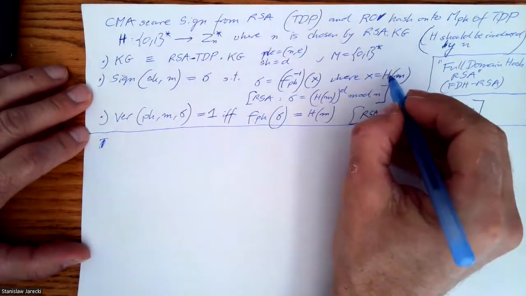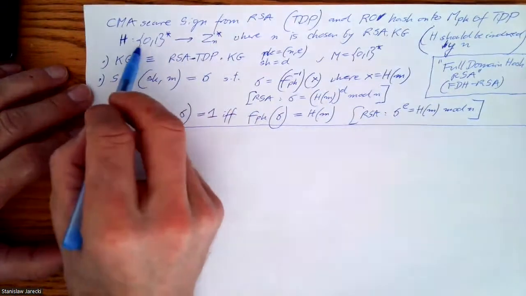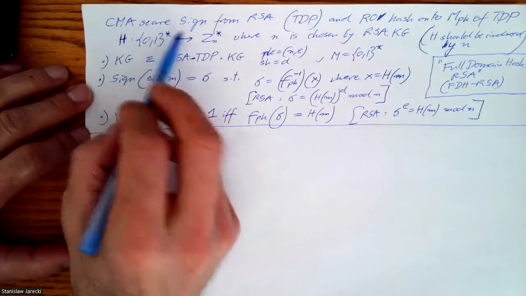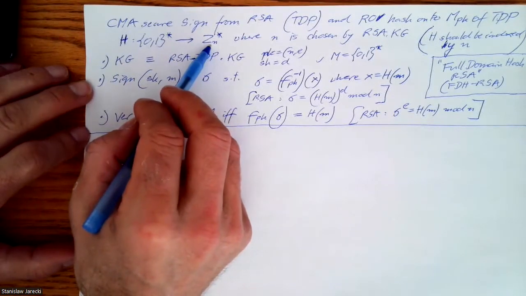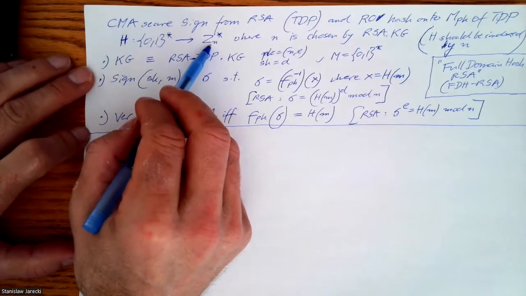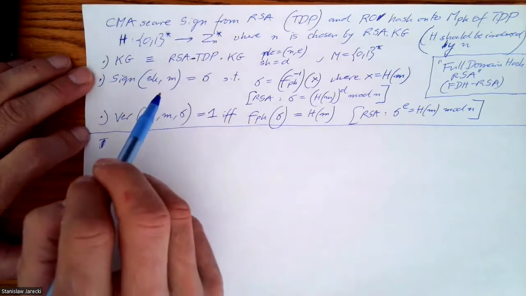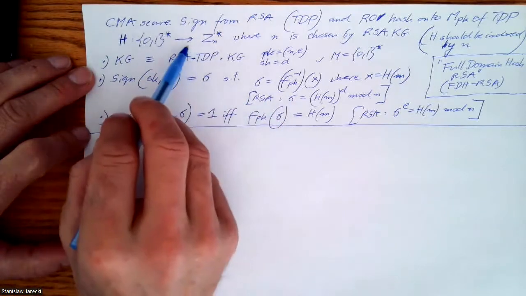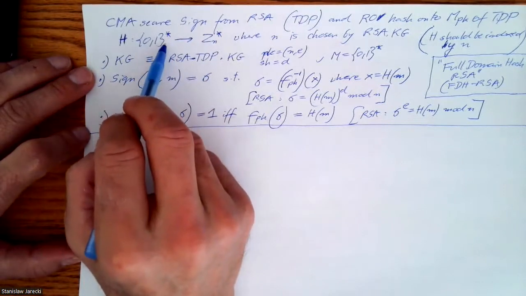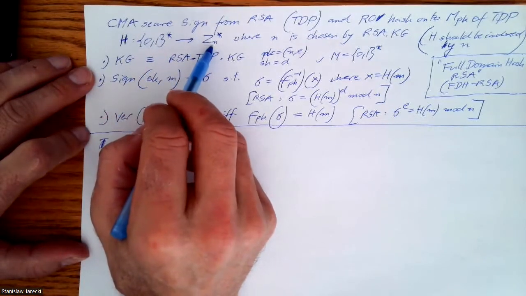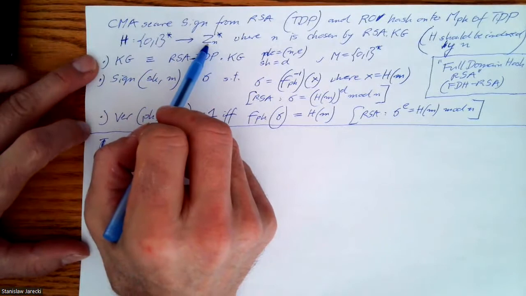We are using the hash function to map a bit string that we want to sign onto the domain of the RSA trapdoor permutation. And so the hash function does the job of sampling, because it's a random function, so it samples a random point in the domain of the trapdoor permutation.